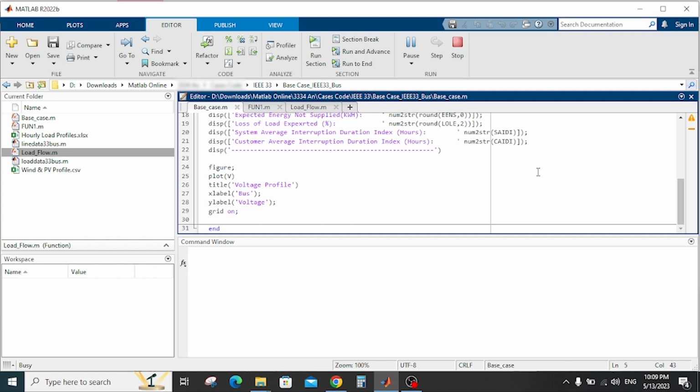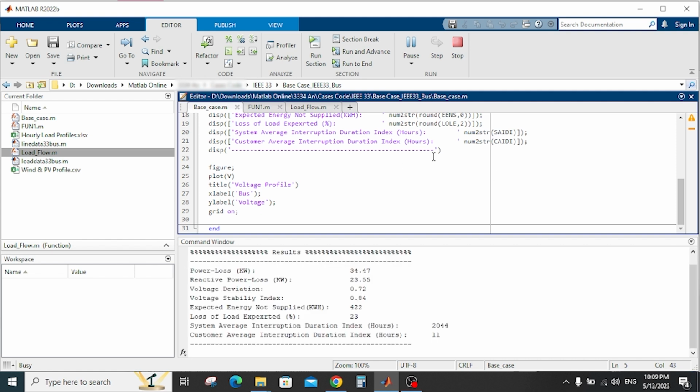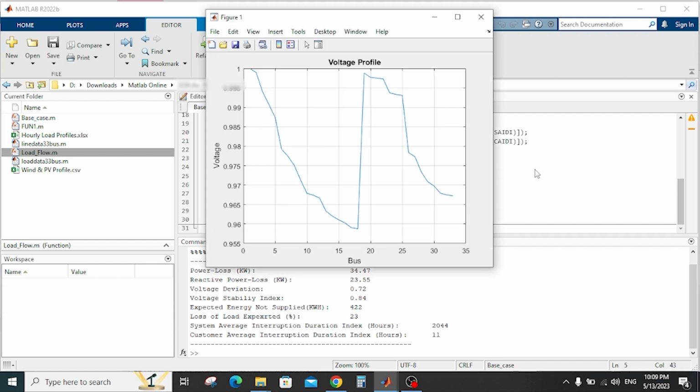While we wait for the program to print the result, we will explain the IEEE 69 bus. It is the same as the base case, but the difference is the number of buses. All the methodology and all the functions are the same.